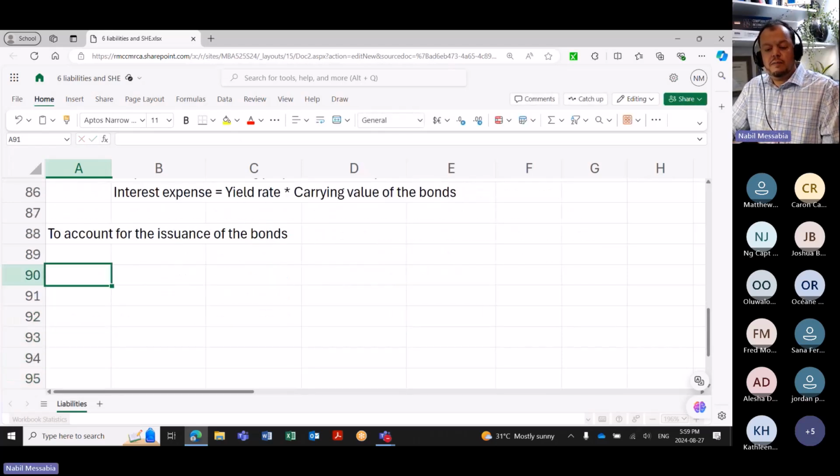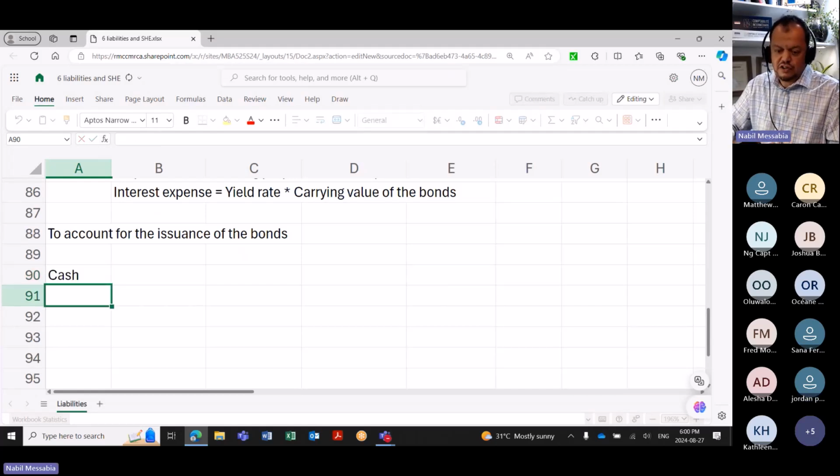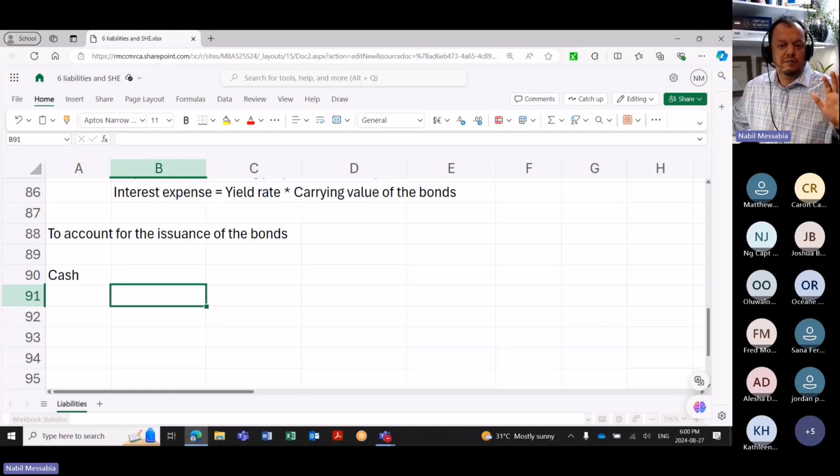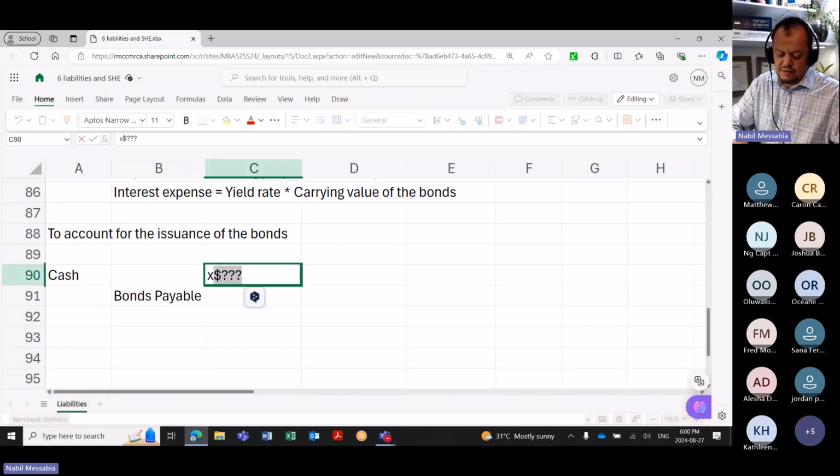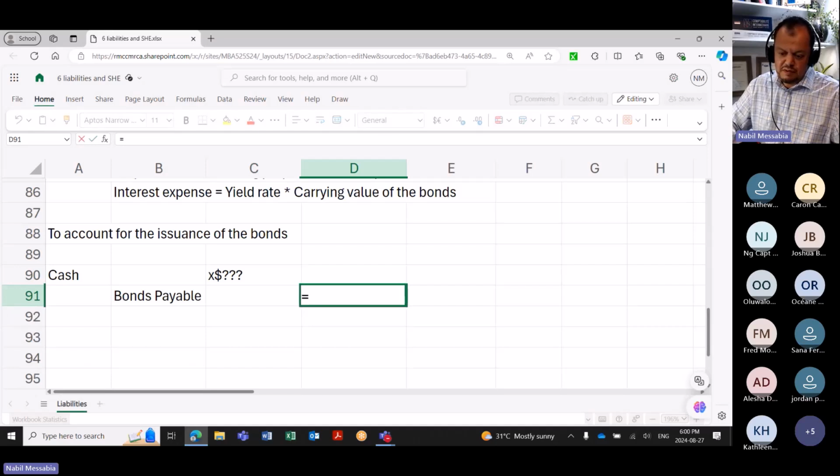You're going to debit cash, of course, and credit what? Bonds payable, a long-term liability called bonds payable, for an X amount. What is that X amount?